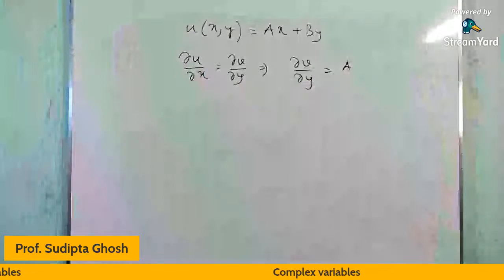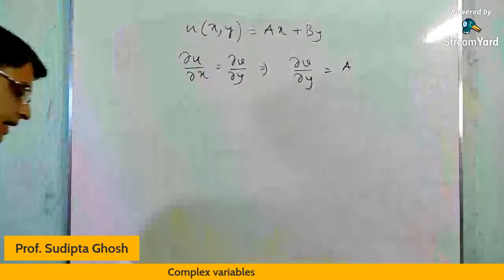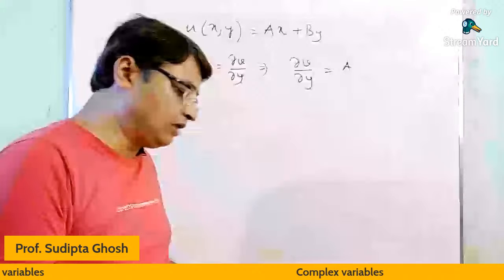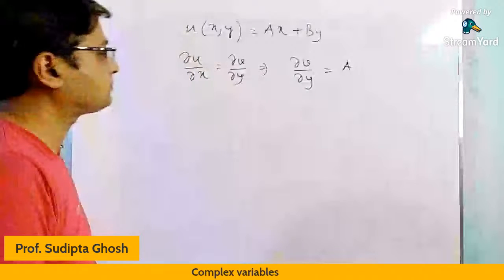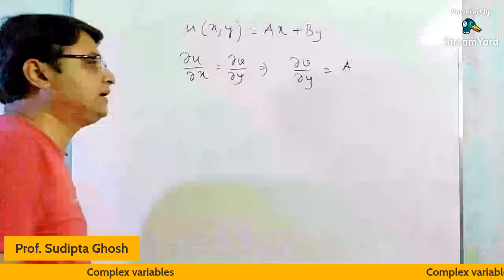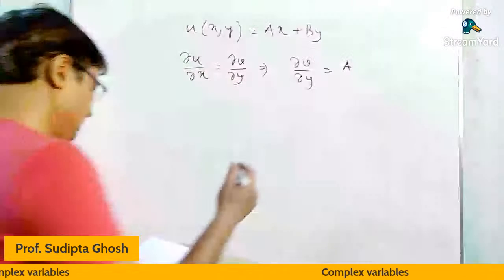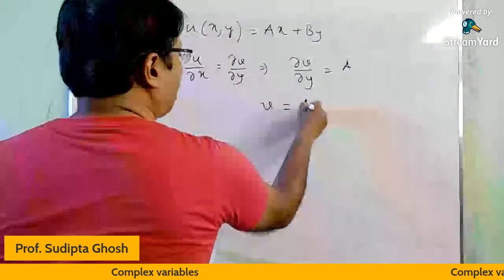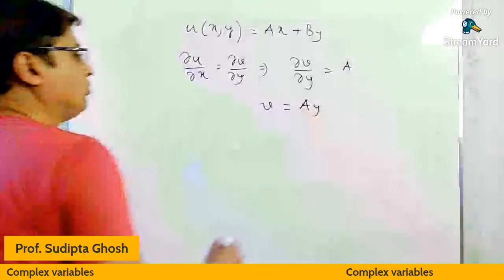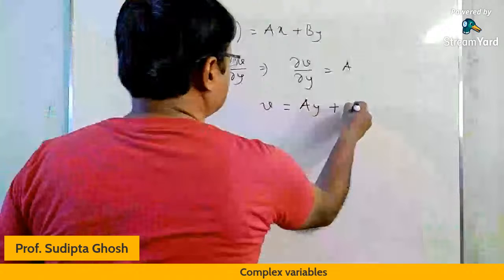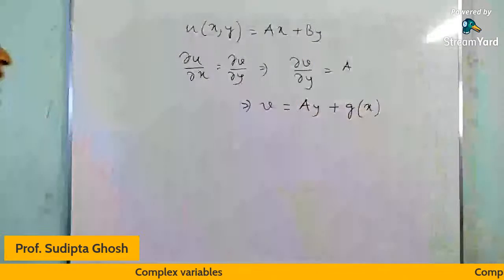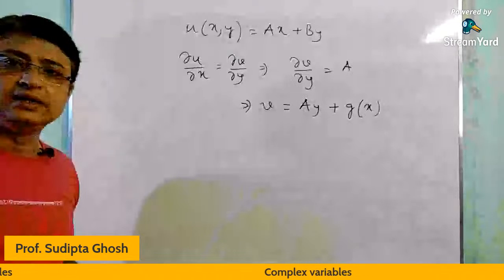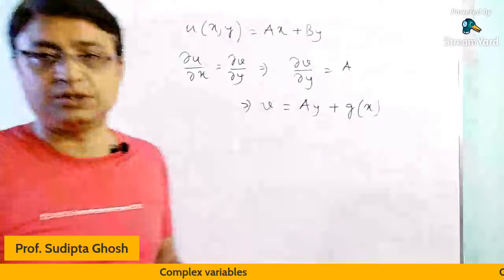Now we have to find the complex harmonic function, that is, we have to find the value of v. If del v del y equals a, then integrating, we get v equals ay plus a function of x, g(x), which is yet to be determined.